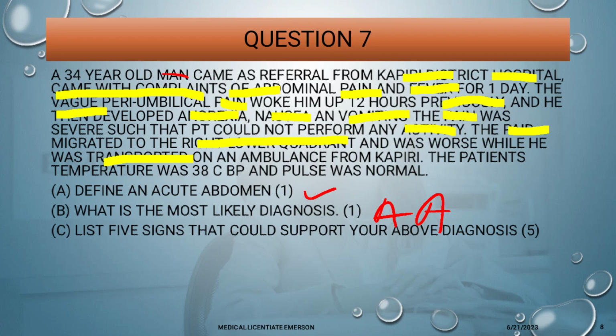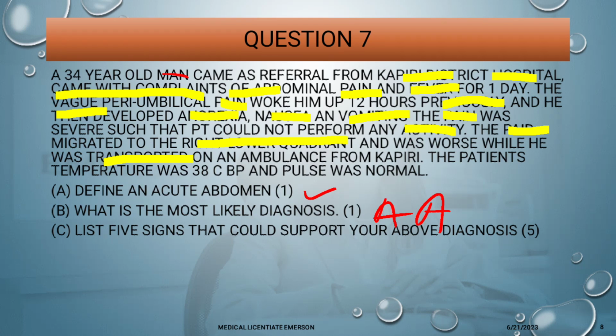I don't see any rebound tenderness here. But let me pick out the things which were positive for acute abdomen. So elevated temperature is sign 1. Then when the patient was being moved, that also could be a sign, because movement causes pain in acute appendicitis.